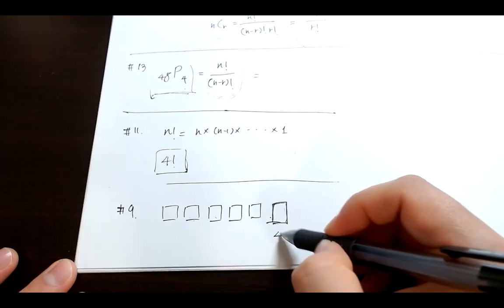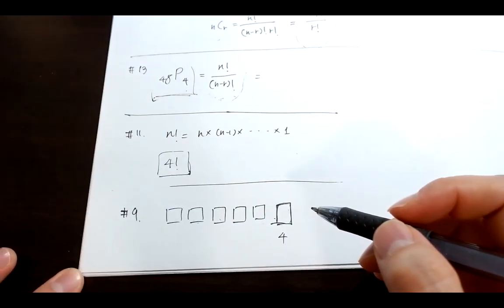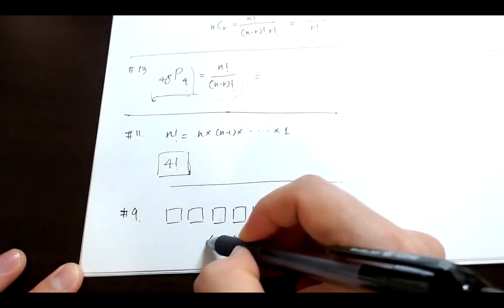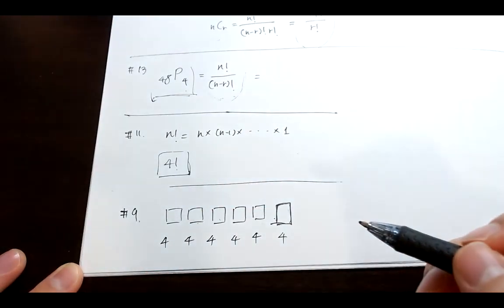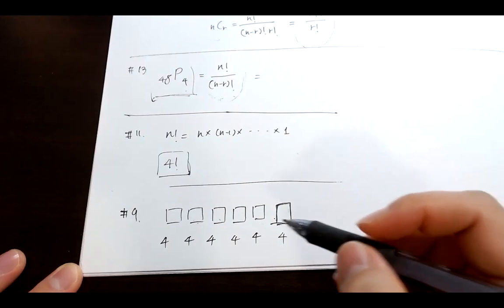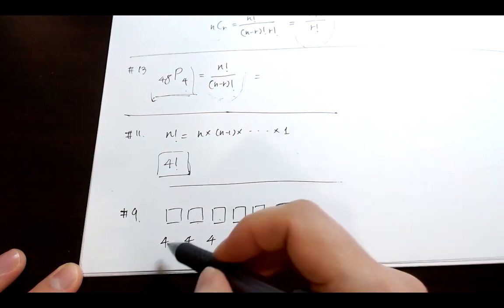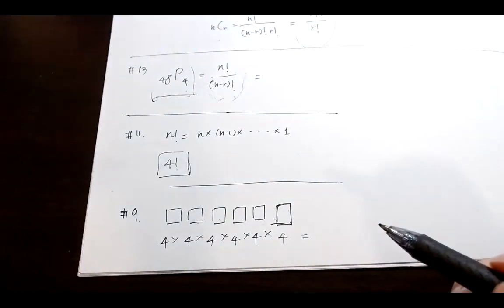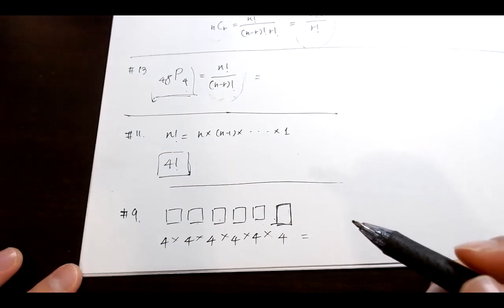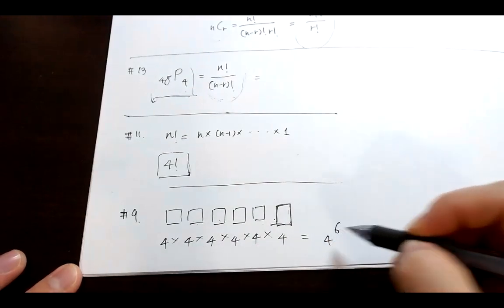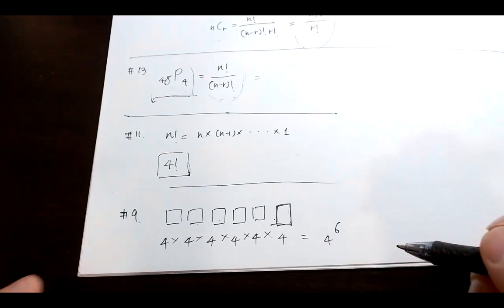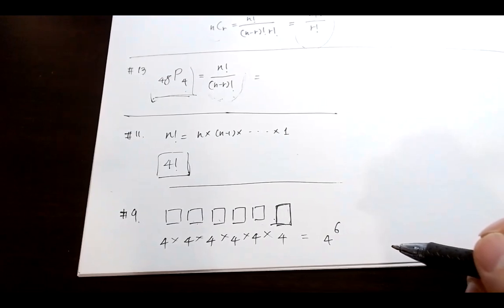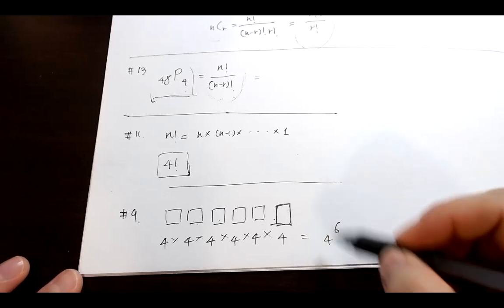Since replacement is allowed, we multiply them. The total number of ways to choose the 6-digit pin code is 4 to the 6th power. There is only one outcome that is exactly the same as the pin code, so the probability is 1 over 4 to the 6th power.